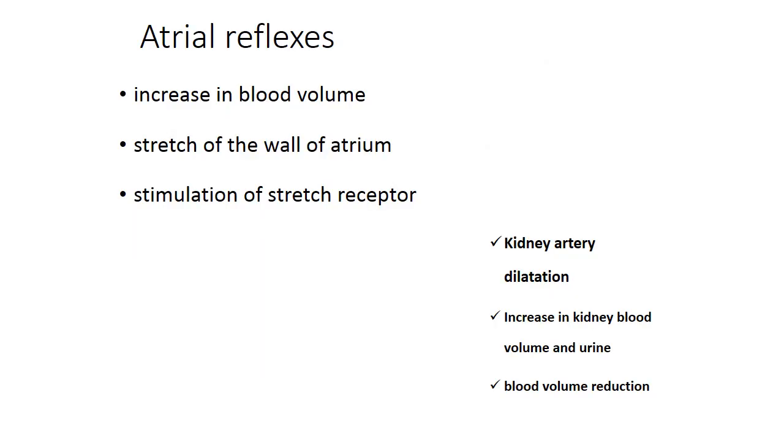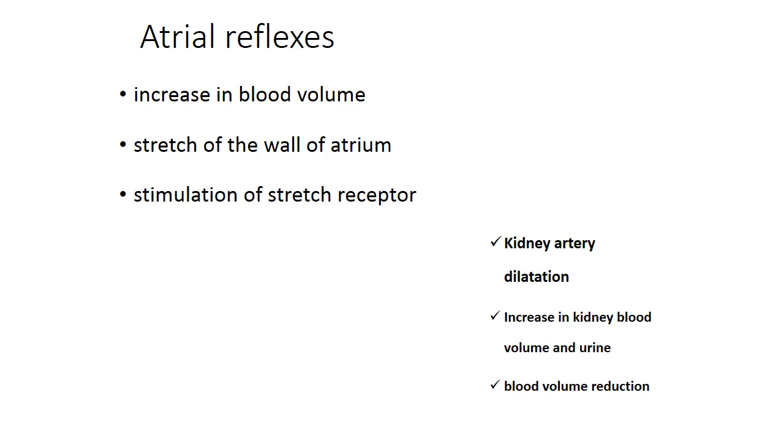One of the important reflexes that regulate blood flow is the atrial reflex. The atrial reflex is activated by increased blood volume, when the wall of the atrium is stretched, and also by stimulation of stretch receptors of the heart.